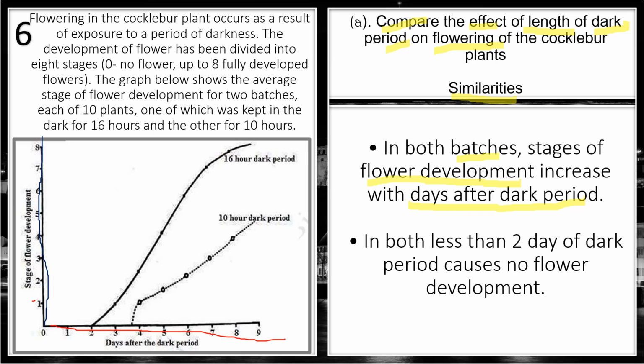In both, less than 2 days of dark period cause no flower development. So we can see that if they are less than 2 days of the dark period, there is no flower development.